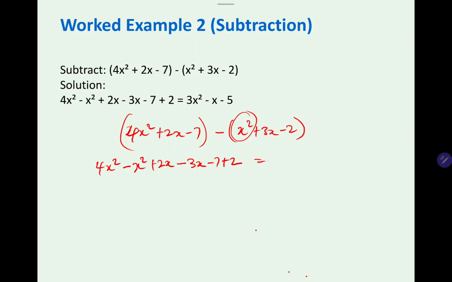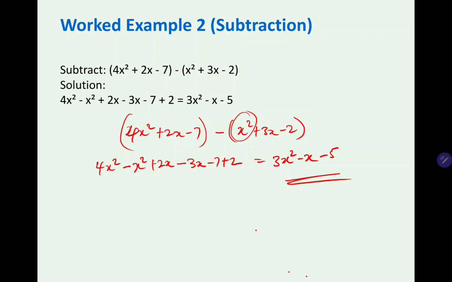This is the same thing as 4x squared minus x squared, which will give us 3x squared. 2x minus 3x will give us minus x. Then minus 7 plus 2 will give us minus 5. This is as simple as that.